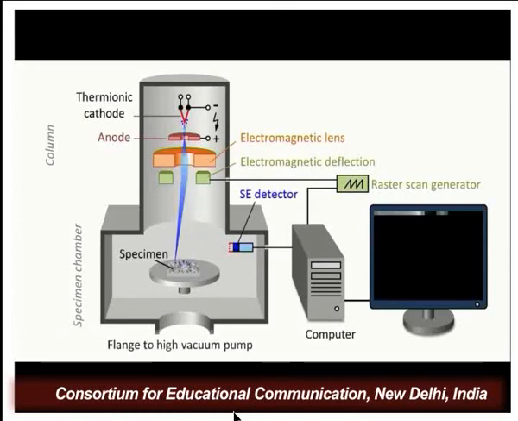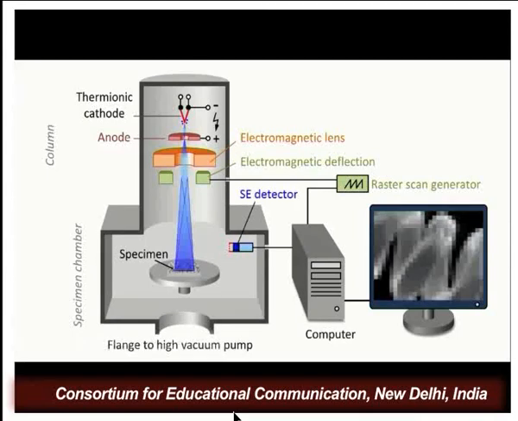You see on the screen how this beam is moving on the specimen, and this moving beam is scanning the surface, and on the right hand side you are getting on the screen the image, that is the SEM image, and this SEM image will show the specimen.